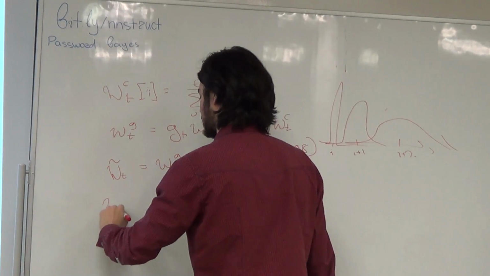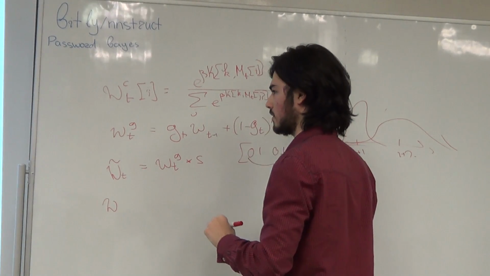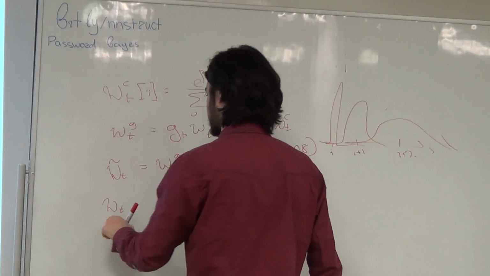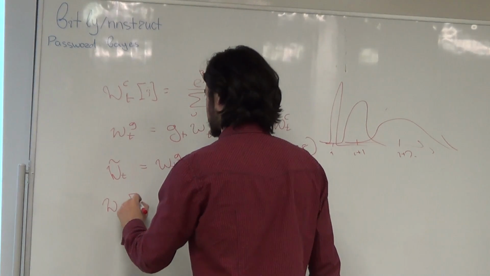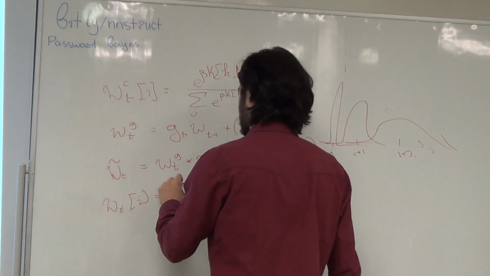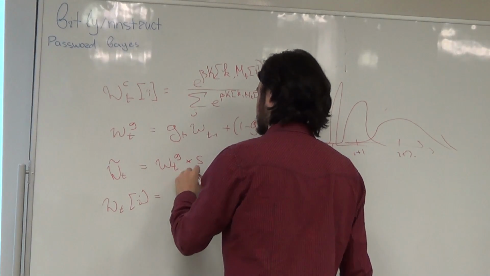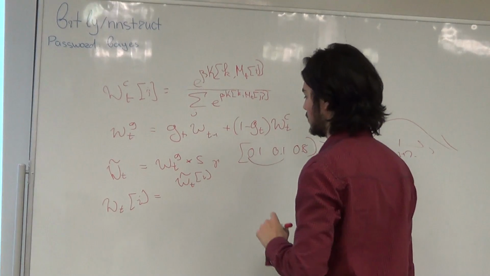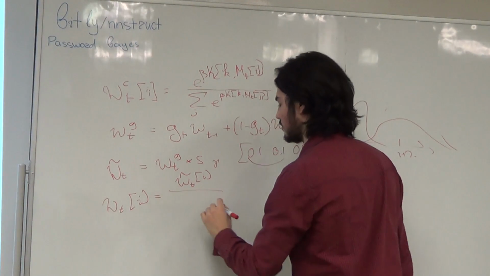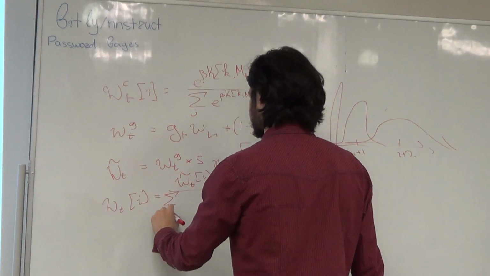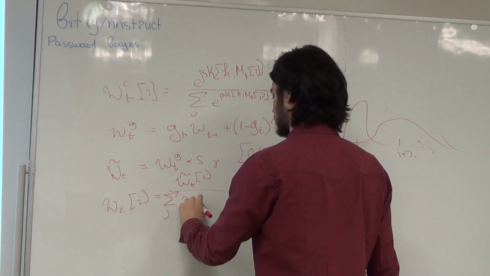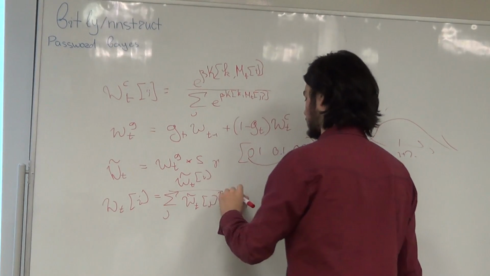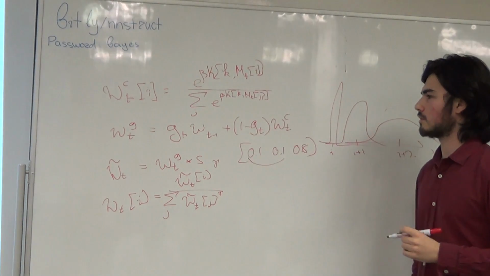This is done by emitting the value gamma. So w_t, the final read vector at the position i, is just w_t tilde at position i sharpened. We just put it to the power of gamma and renormalize it, dividing by the sum over j of w_t tilde at the position j to the power of gamma. So here are the formulas.